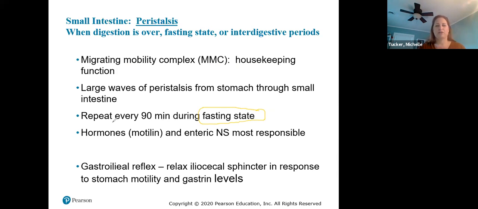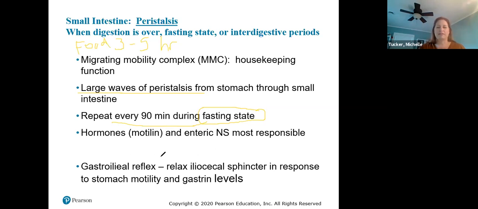Peristalsis occurs during the fasting state, just to kind of make sure that there isn't anything left in that section of the small intestine. Food is going to stay about 3 to 5 hours in the small intestine, and that is moved by segmentation. Then when we get fasting, these large waves of peristalsis are going to just kind of make sure that everything is running clear.